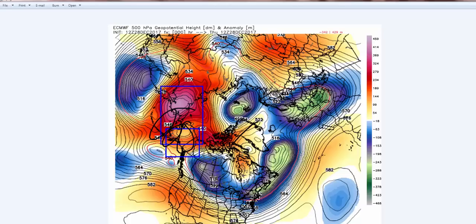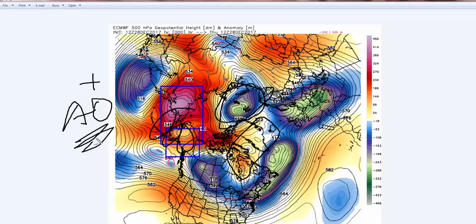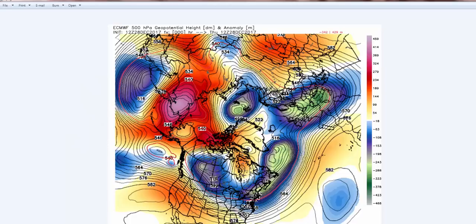We have a neutral NAO. We have some positive anomalies here a little bit in the NAO. This big upper low here, this is a positive Arctic Oscillation. That is not good. And on the PNA, we have a very weak, slightly positive PNA right here. Not a big deal. But what does not look good in this pattern right now is this feature. So just want to point that out to you.